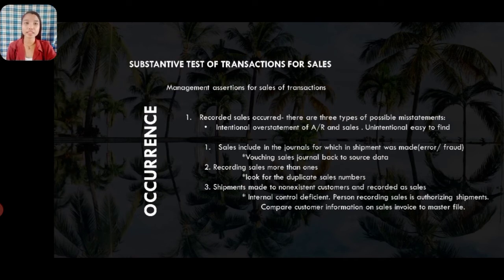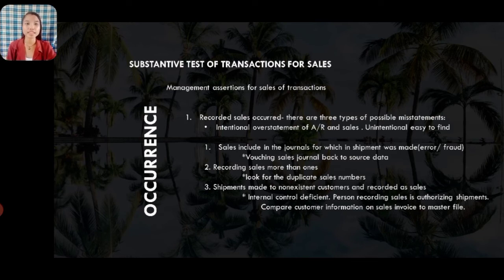In recording the sales, there are three types of possible misstatements. These are intentional overstatements of accounts receivable and sales, while those recorded unintentionally are easy to find. Now let's focus on the intentional overstatement of accounts receivable and sales.